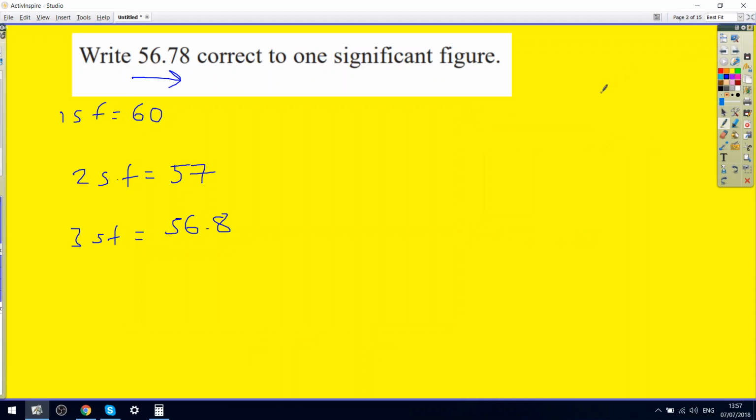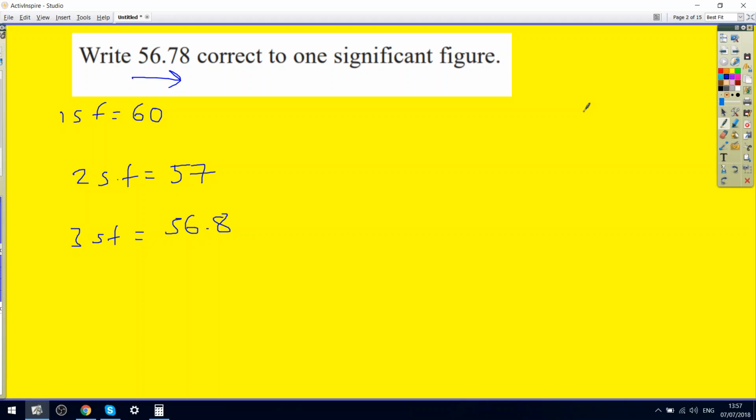Yeah, how does this one work? Because it's to the significant figure. So to one significant figure, it's the first number. Yeah. And because 5 is like 50, it goes to the 100, so it'd be 57. No, 60. And why not 57 for one sig fig?